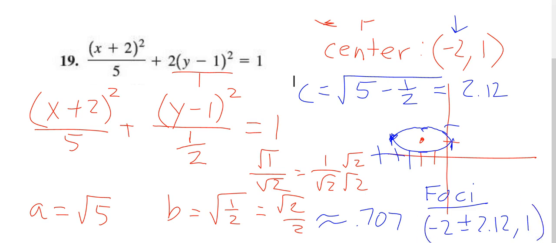That'll take care of it. If I actually ask you for the foci, you could probably have figured it out. I'm just doing it to speed up the process today.